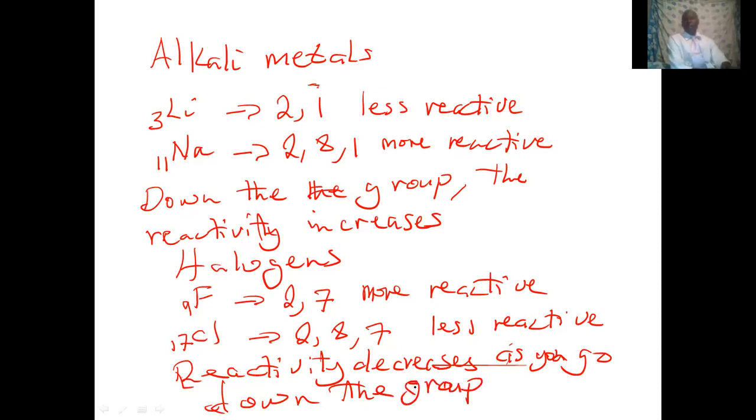The reason is that the incoming electron to be gained becomes further away because of the increasing atomic number. So it is attracted less, and the reaction is less. So fluorine attracts the incoming electron because the protons in it are closer to the incoming electron because of the smaller number of shells.